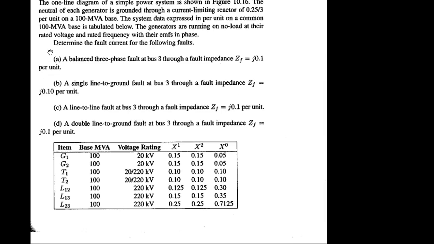That means you have 4 different scenarios to address the fault current. And for that, you have a fault impedance of 0.1. Okay. So have you got the problem and what you have to determine?